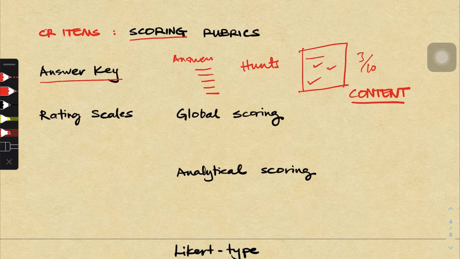Now, how we score: what is recommended is that we also produce rating scales. Rating scales can be either global scoring or analytical scoring.